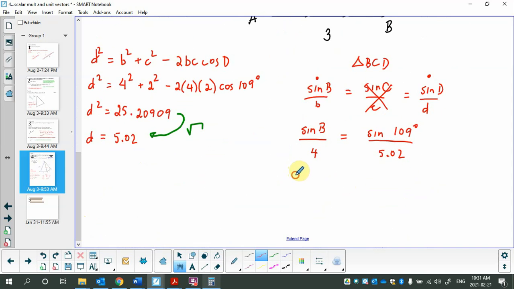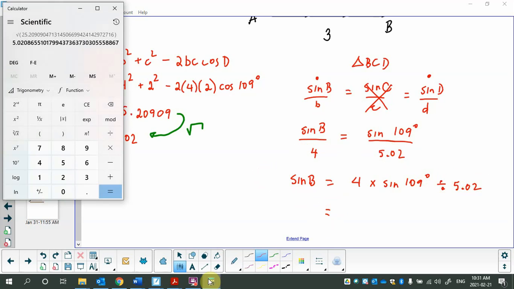So to find sine B, I'm going to take 4 times sine 109 degrees, so I'm cross multiplying. I would cross multiply this, so 5.02 could sit here, but eventually I would just have to divide by it anyhow, so I'm going to divide by it right now, and I'm going to get probably something ugly.